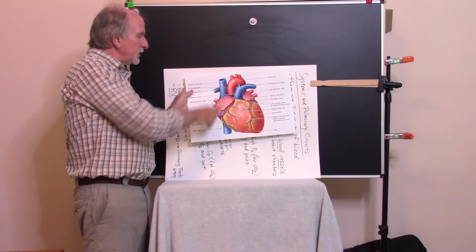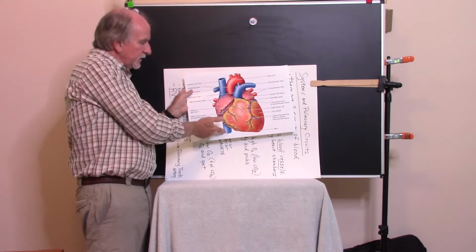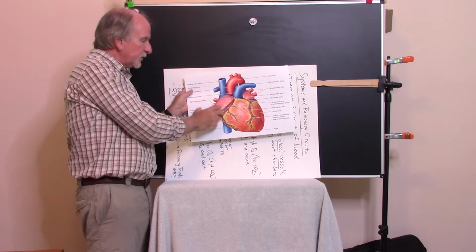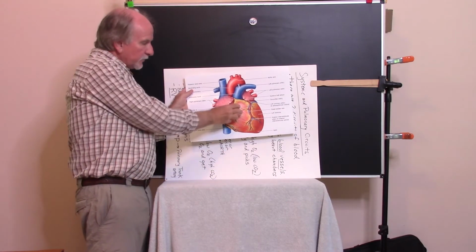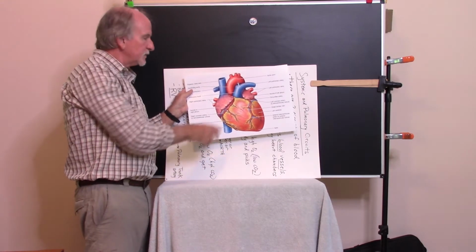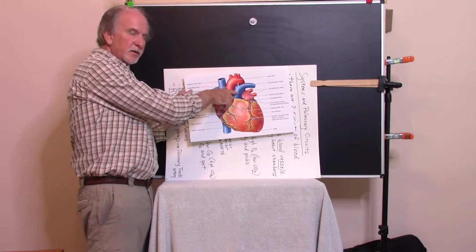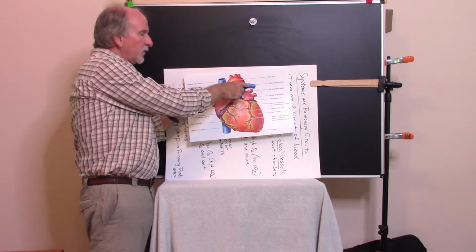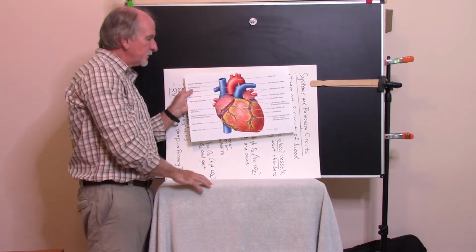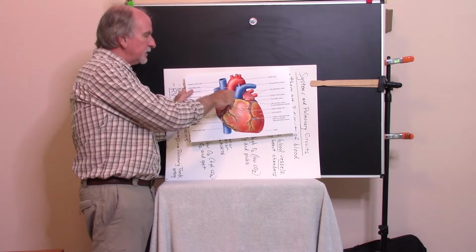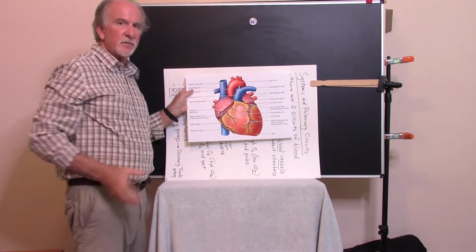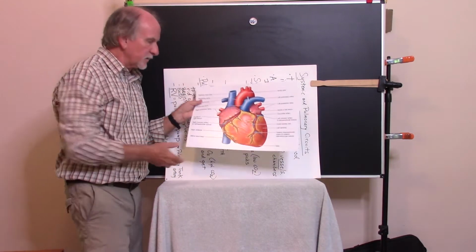So these would be the superior and the inferior vena cava that are entering blood into the right atrium. When the right ventricle contracts, it pumps its blood out into the pulmonary trunk, and then by way of pulmonary arteries to the lungs. And when the left ventricle contracts, it pumps its blood into the aorta, which delivers that blood into the systemic circuit.